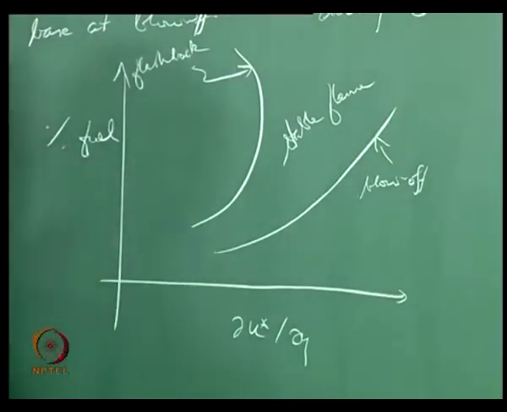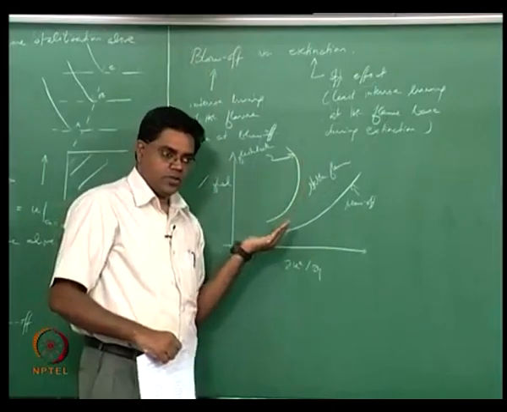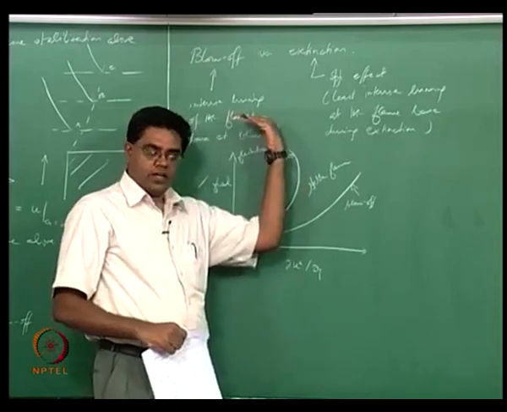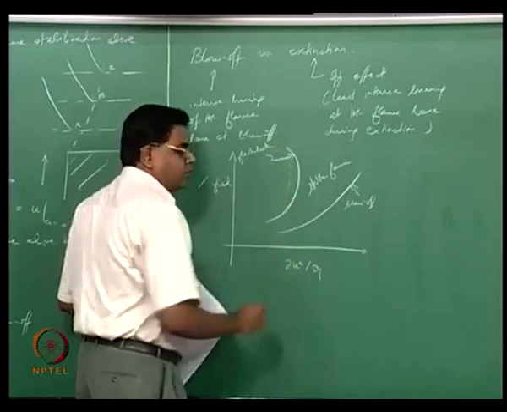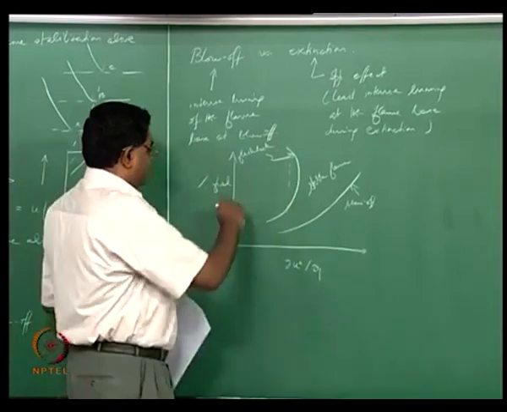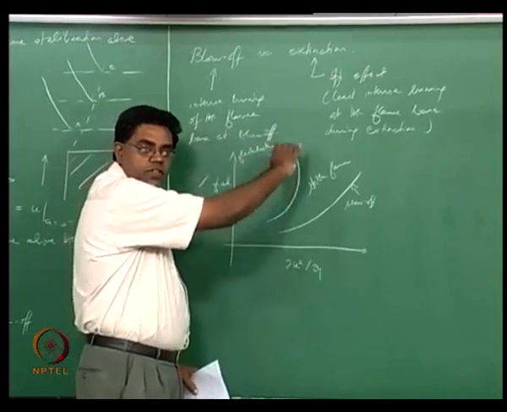Right, and see what's happening here. The flashback curve is non-monotonic, so it's increasing and then going back again. That means you should now be able to actually look at 2 points for the same gradient, and this is now a different percentage fuel at these 2 points, right.